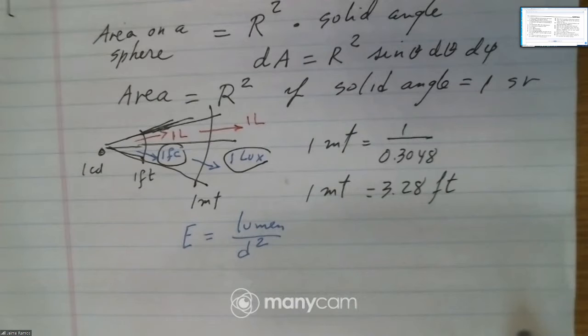So when you buy luminaires in a store, if you go to your favorite store and you want to buy luminaires, then look for the lumens, not only the watts. Also look for the lumens of the luminaire.